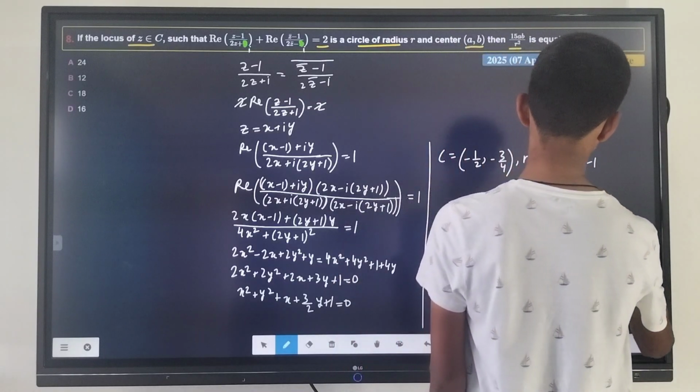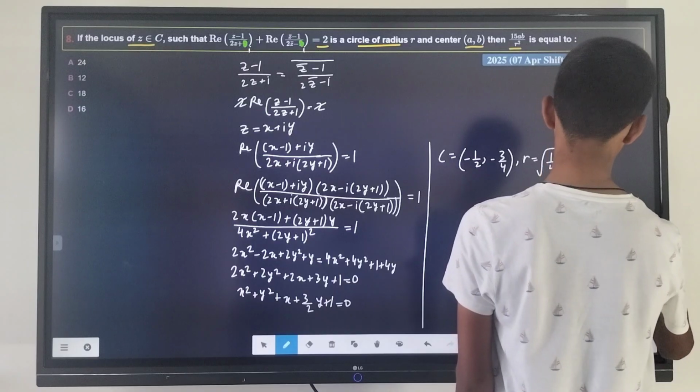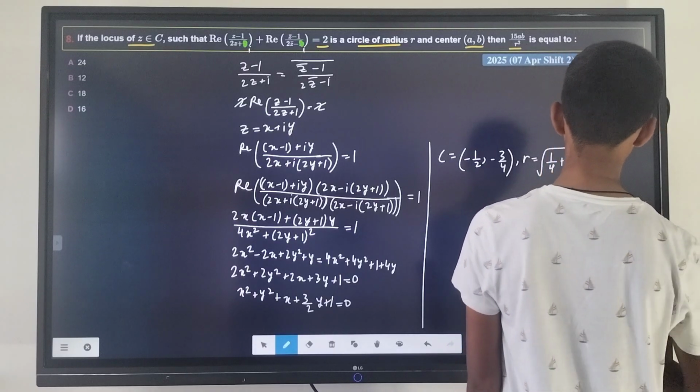So from here this will be 4 by 16 plus 9 by 16.